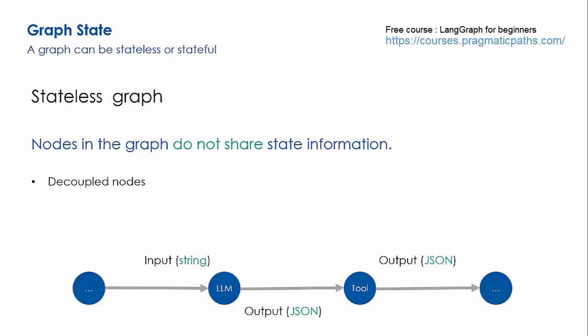A stateless graph has no shared memory, which means that data flows through the edges and nodes don't implicitly access prior states unless you pass them explicitly. And the third is there are explicit transitions, which means that the nodes return their output and the graph routes them to the next step based on your logic.